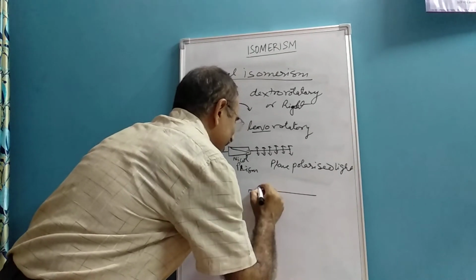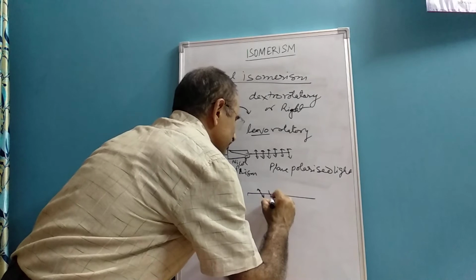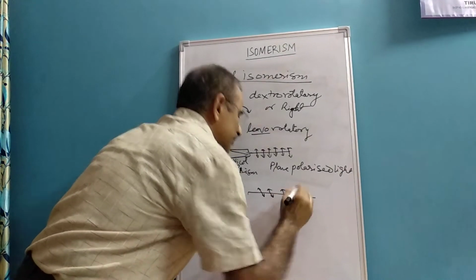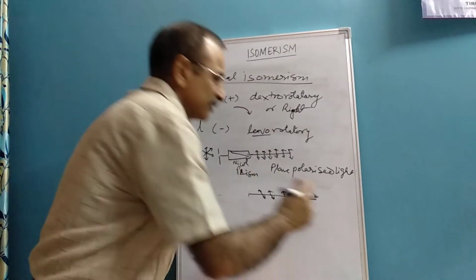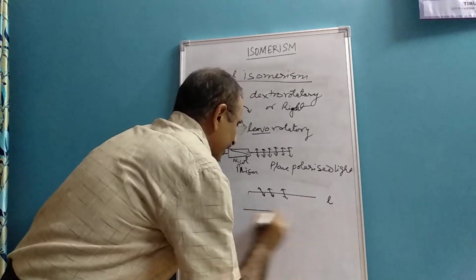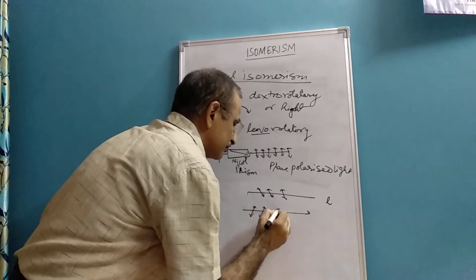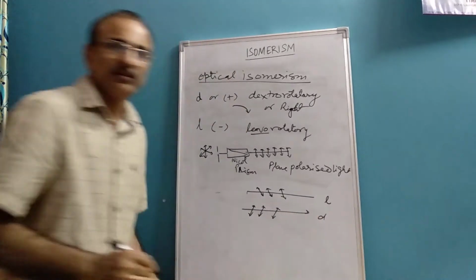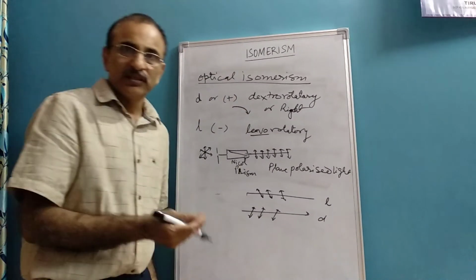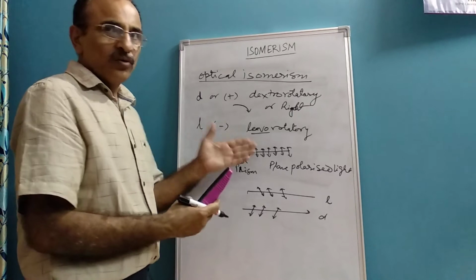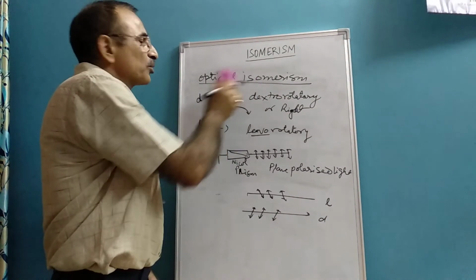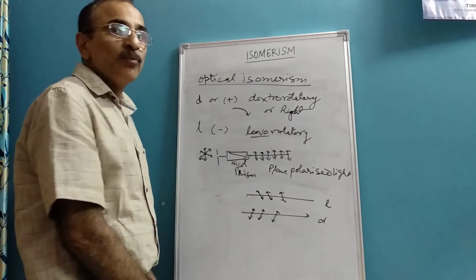If it is like that, this is anti-clockwise direction, L. And if it is like that, D. Dextrorotation. This is how, and this optical rotation is normally measured by polarimeter.